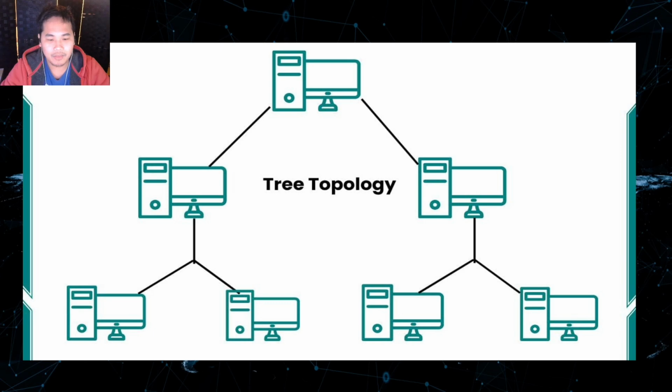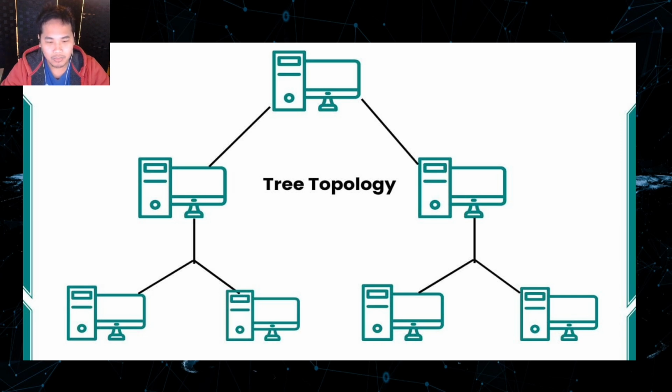Now we're going to talk about tree topology. Tree topology combines star and bus. It's a hierarchy. At the top, you have the core or root switch, branches extend down to intermediate switches, and the leaves at the bottom are end devices. Data flows up and down the tree structure.